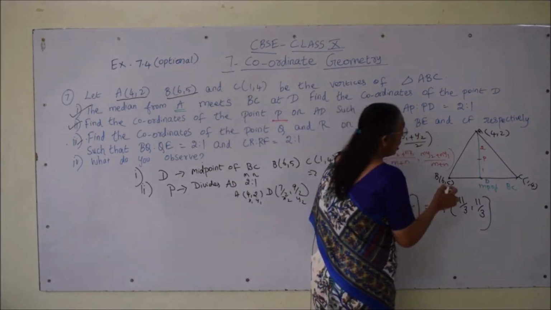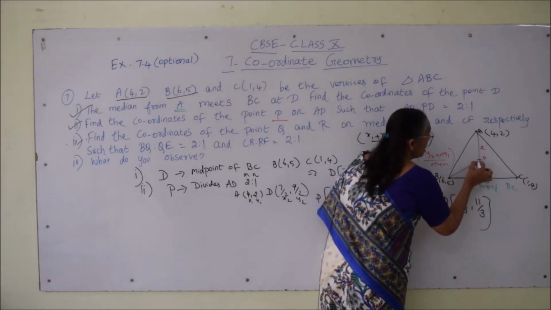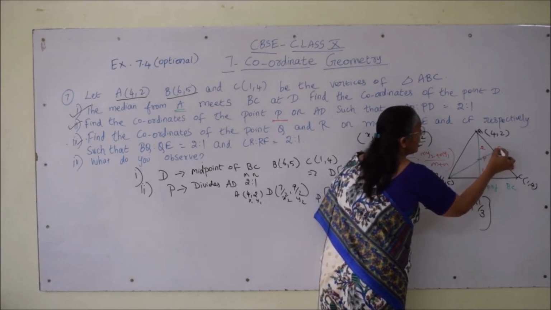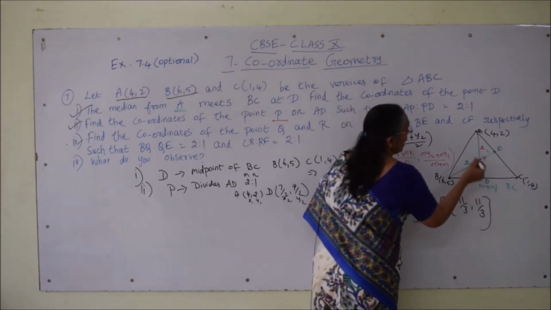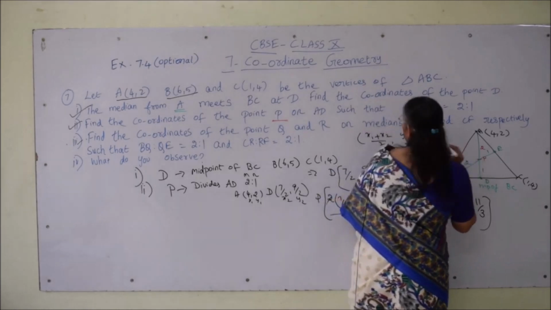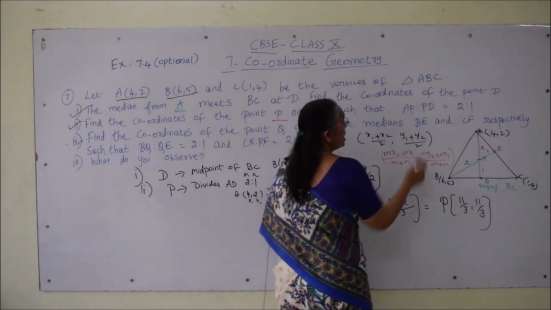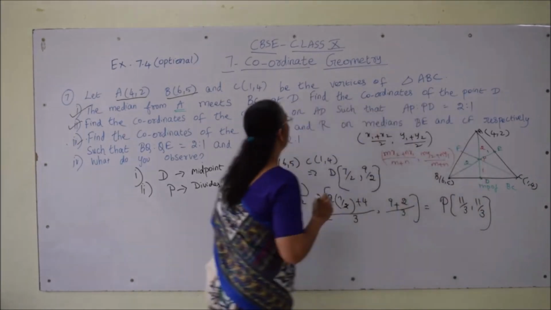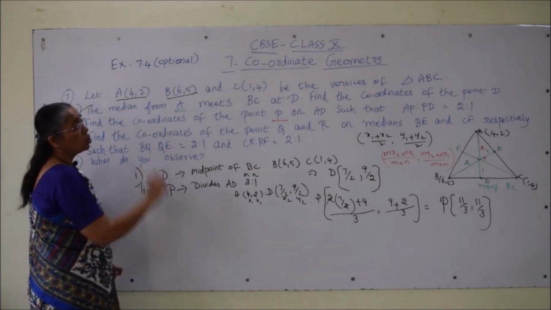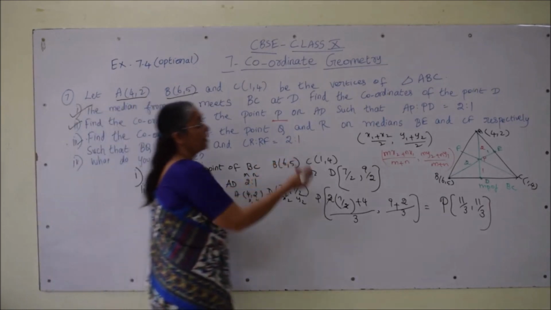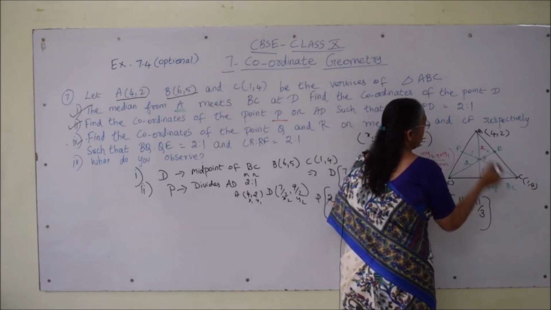First, we have to draw the medians BE and CF. BE and CF are the medians, and we need the coordinates of Q and R on the medians, in the ratio 2:1, again 2:1.